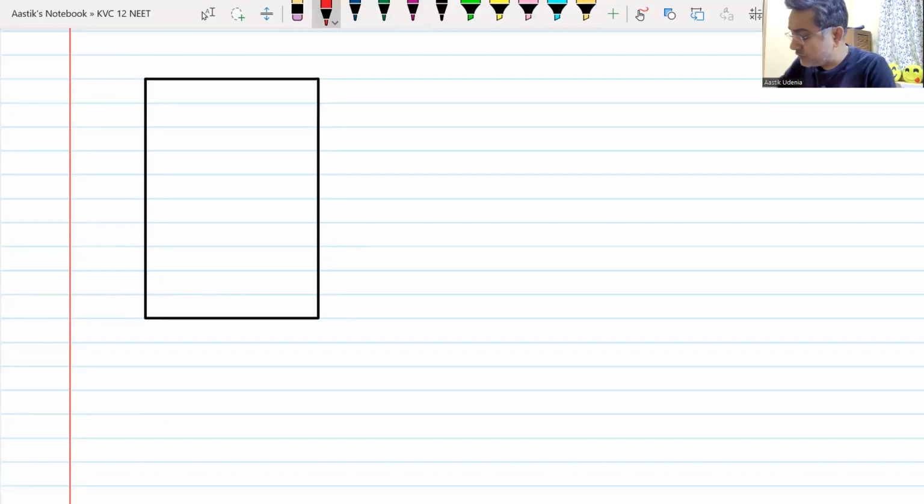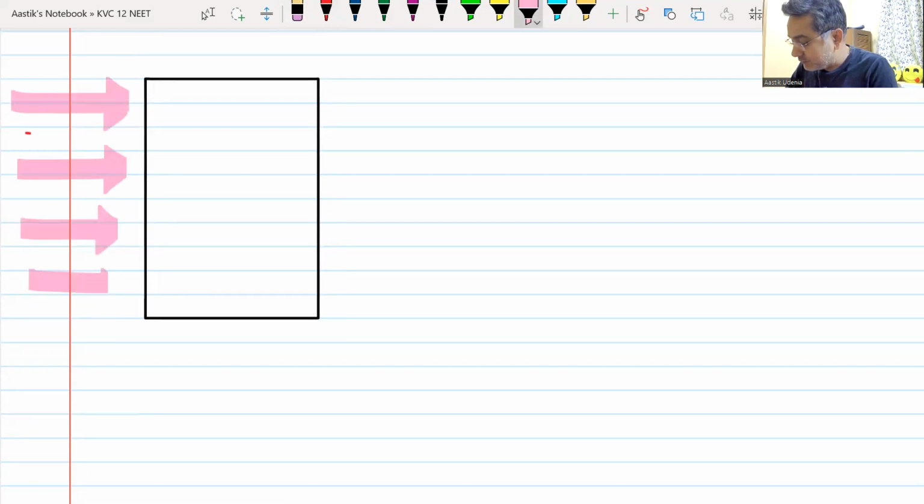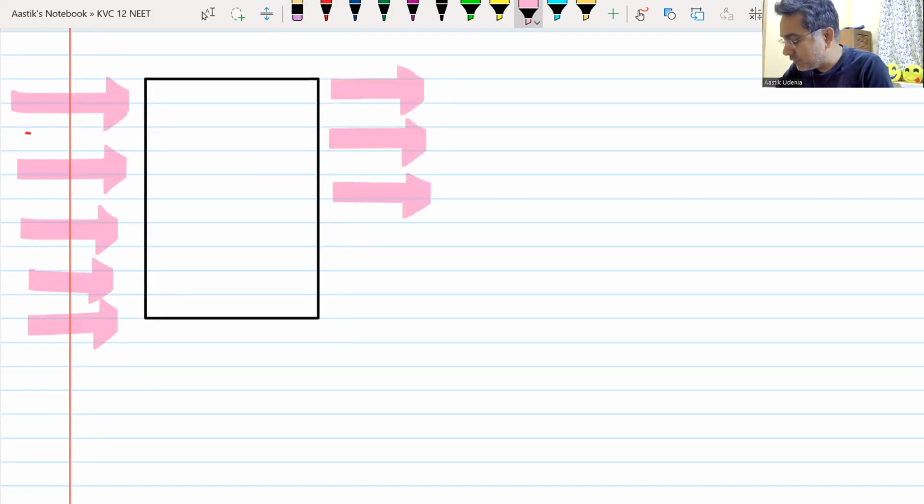This dielectric is going to be placed in an external field. You can see this pink field is an external electric field, and I am taking this external field as uniform. The value of this external field is E naught.